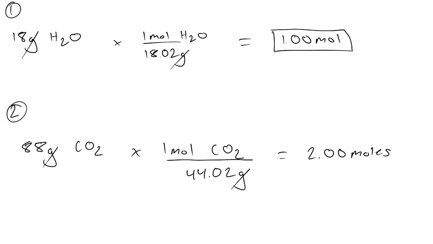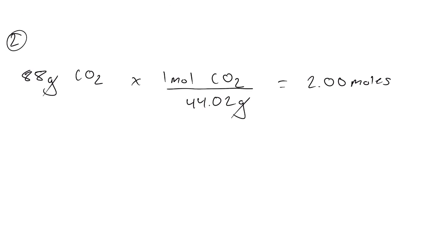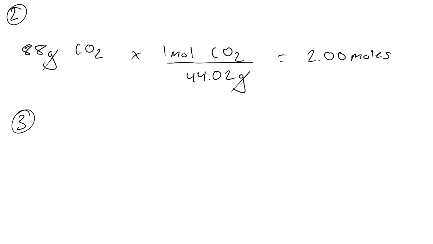Now let's try one last problem together, and then I'll give you a few to try on your own. Let's say we have 5 grams of NaCl. So first we need to find the molar mass of NaCl, which turns out to be 58.44 grams per mole.